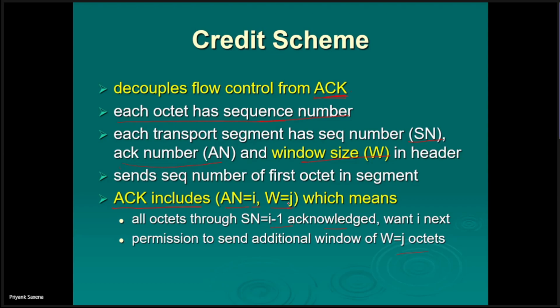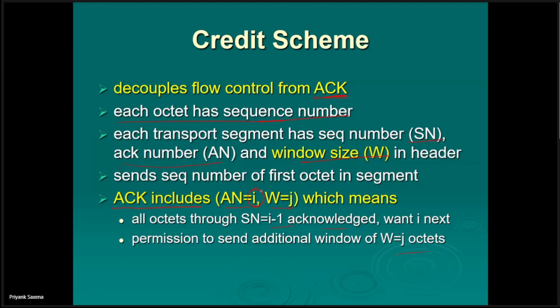Acknowledgement includes the acknowledgement number and the window size. Window size means the credit assigned by the receiver to the sender. If this is I, this acknowledgement means that all the octets through sequence number I minus 1 are acknowledged.